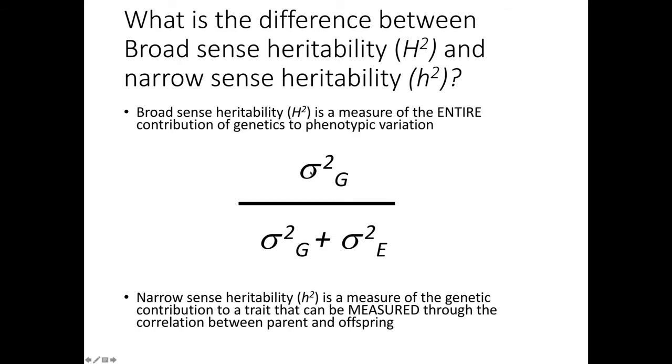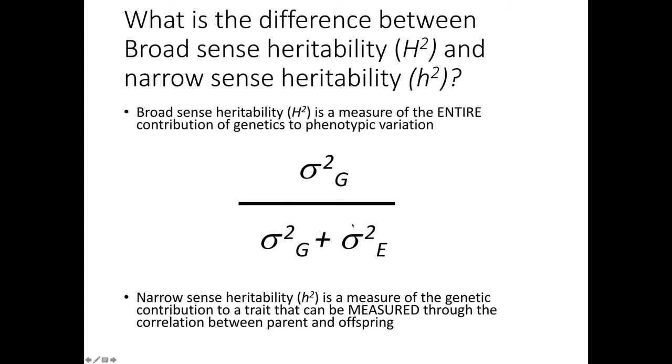That's equal to the phenotypic variation that's explained completely by genetics, on the numerator, divided by the phenotypic variation due to genetics plus the phenotypic variation due to the environment. Keeping in mind that if you sum these two things up, you just get all phenotypic variation. So the degree to which genetics contributes to phenotypic variation is broad sense heritability.